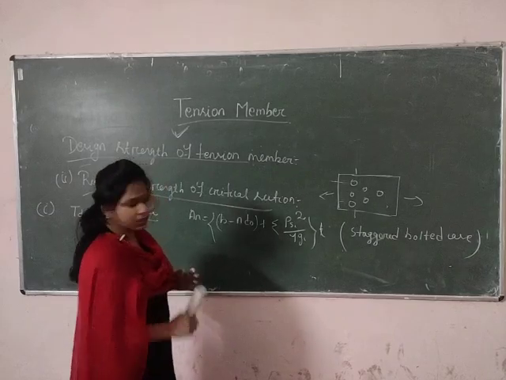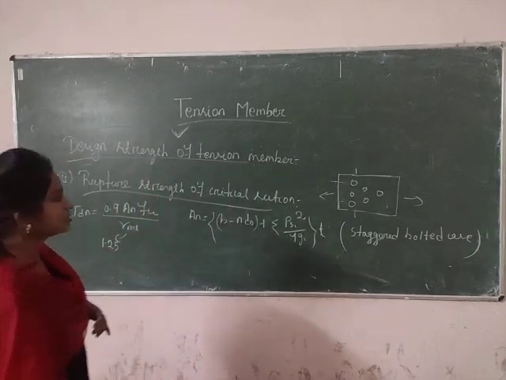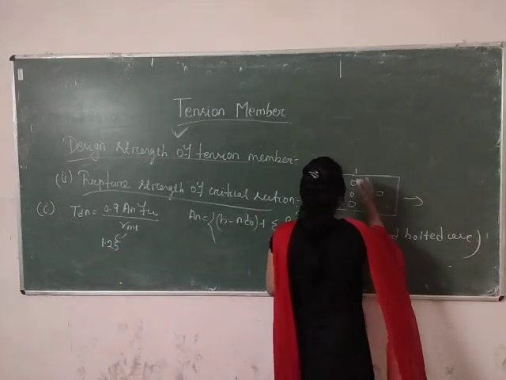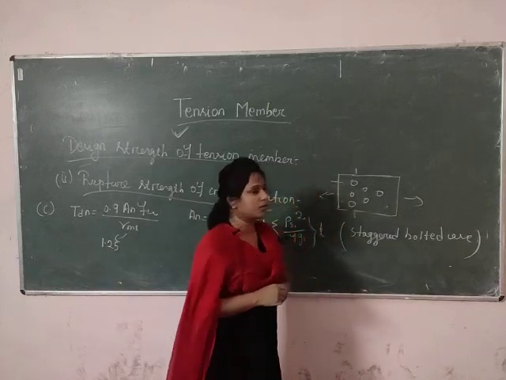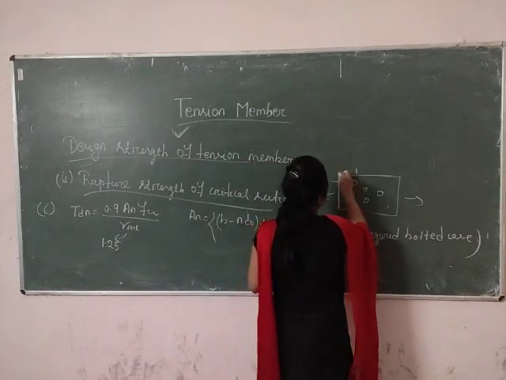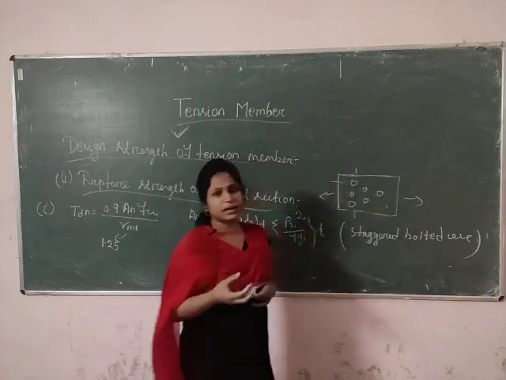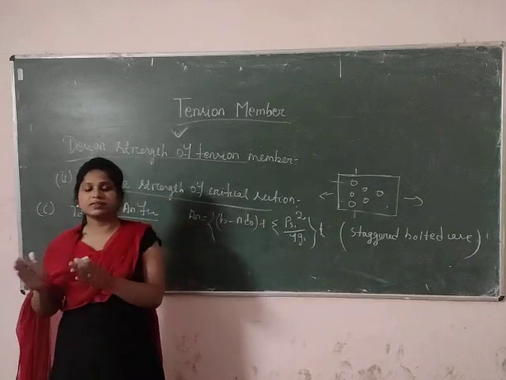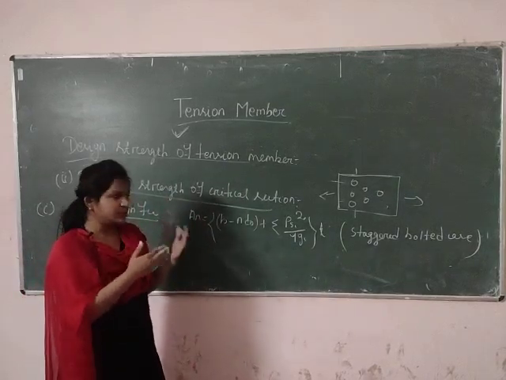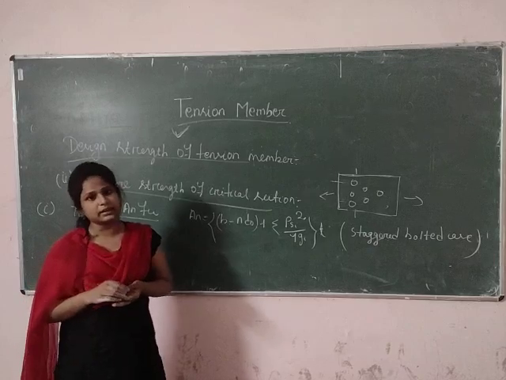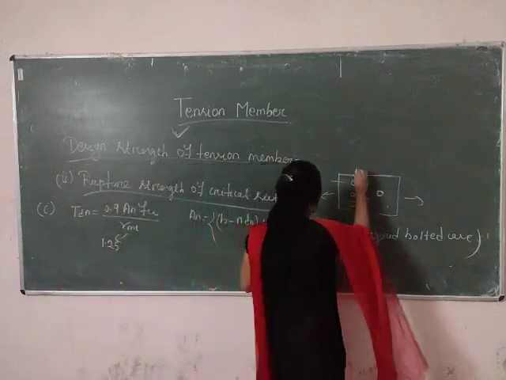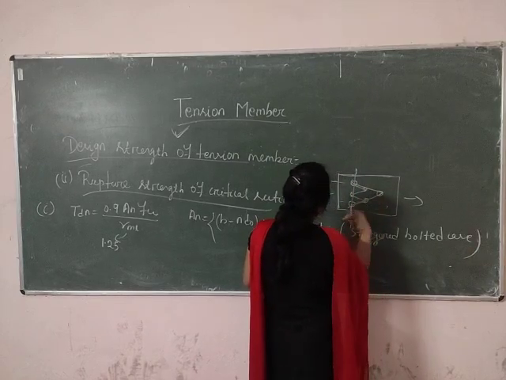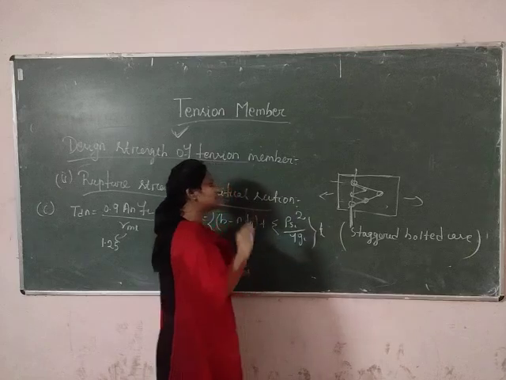Okay, so here we have to find out the critical section. How we will find the critical section? Here we have to take several possible sections and we will calculate the net area for each section, then the section which is giving the minimum net area is known as the critical section. So the section may be this one or this one or this one.